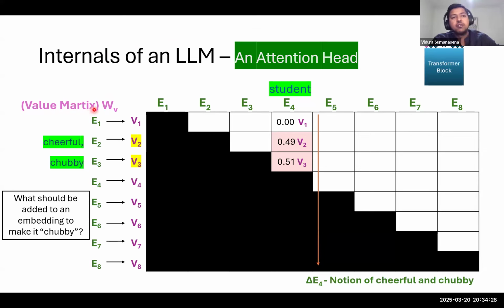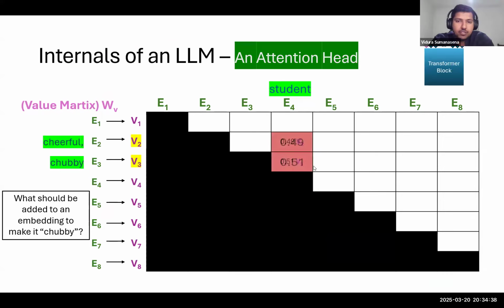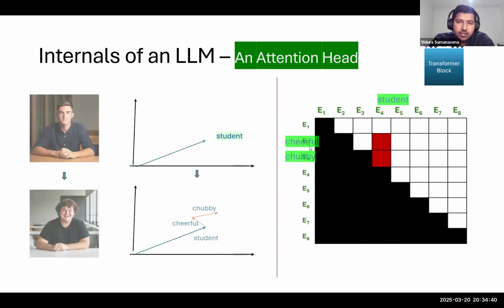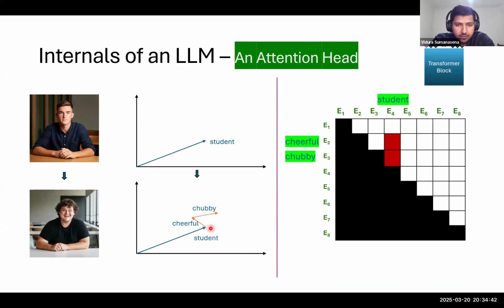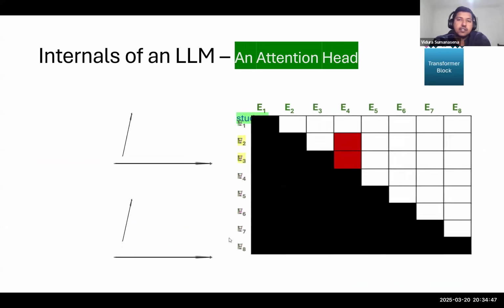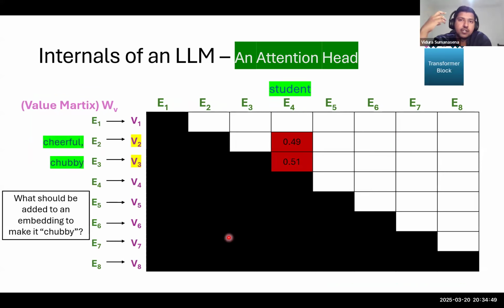There's another concept called value matrices. The main idea of the value matrix is how much change I should give to this word student in order to make it cheerful, chubby. It has the notion of giving the required change in order to alter this original embedding of student so that it will have the cheerful and chubby notions.